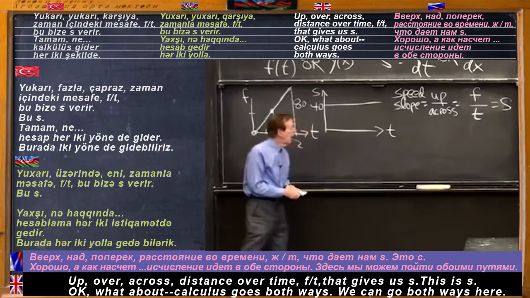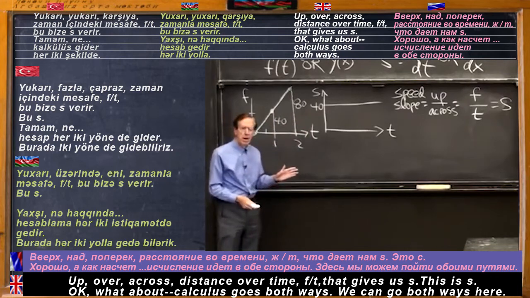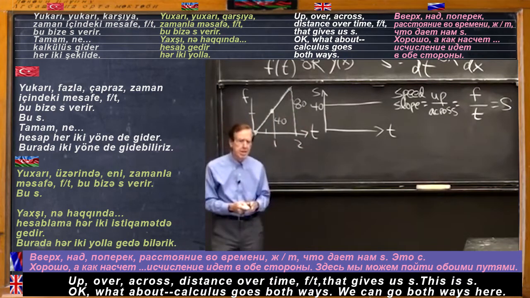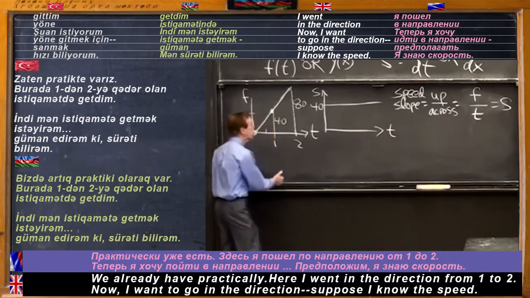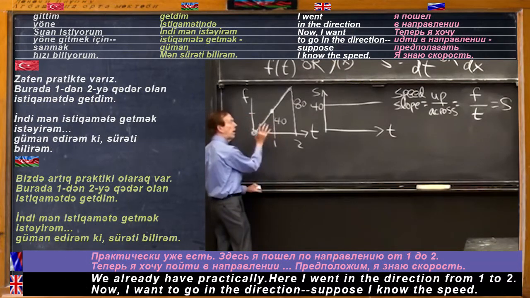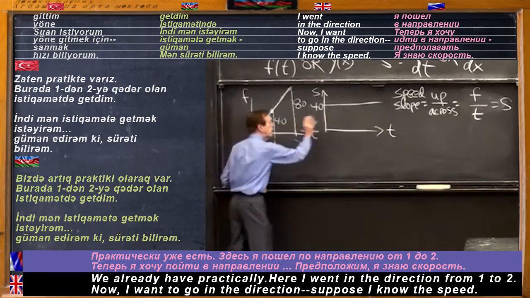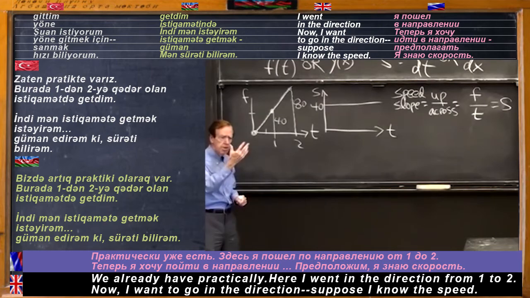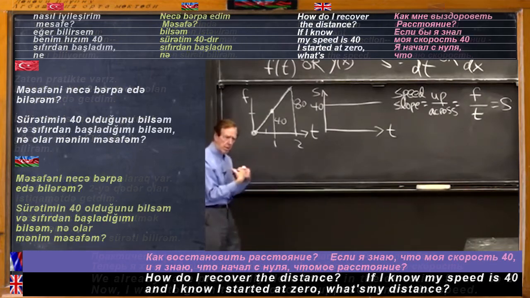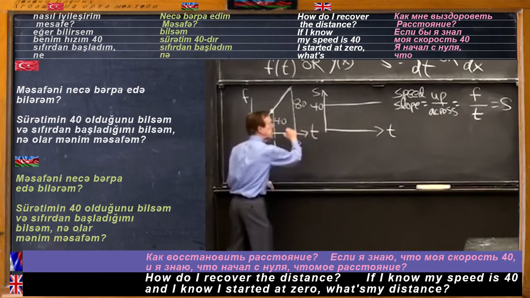Okay, what about calculus goes both ways? We can go both ways here. We already have practically. Here I went in the direction from 1 to 2. Now I want to go in the direction, suppose I know the speed, how do I recover the distance?